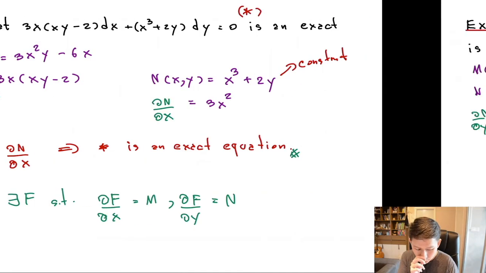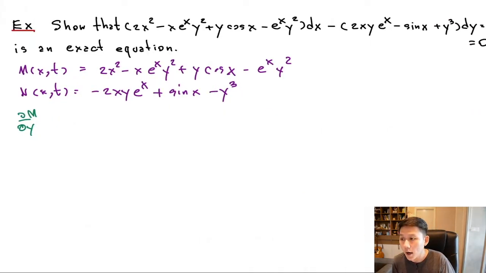So in that case, we have ∂M/∂y. Here 2x squared is constant, because don't forget, we take the derivative by y. So what we have here is minus 2x e to the xy, because we have y squared here, we push 2 here, and then we have y to the power of 1.